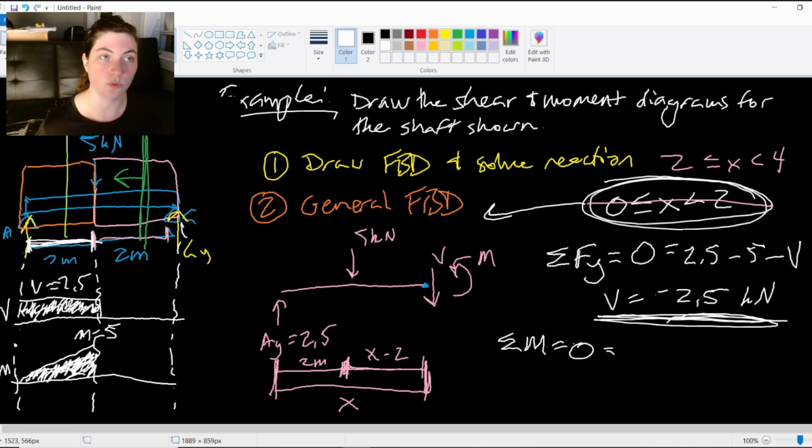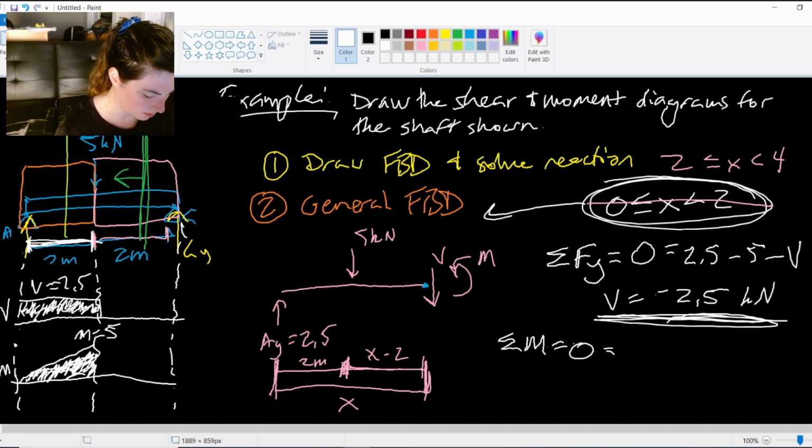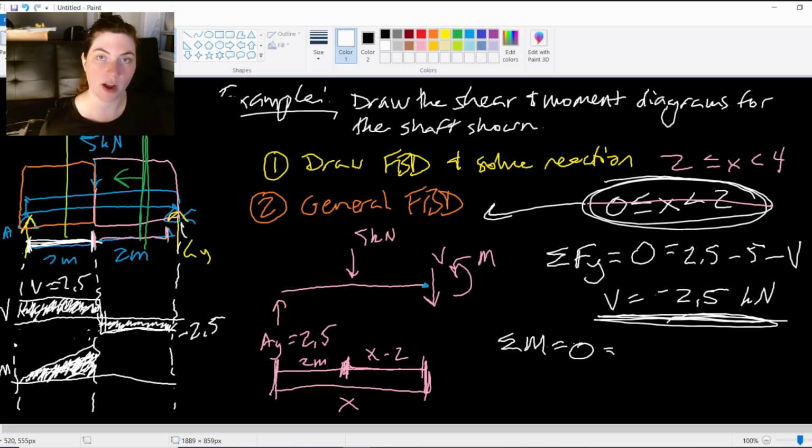So when this equation gets plotted, it immediately jumps down on my graph. Let me move this moment here. Immediately jumps down to a negative 2.5, straight line across still. Shade it in. V is negative 2.5 on my graph.